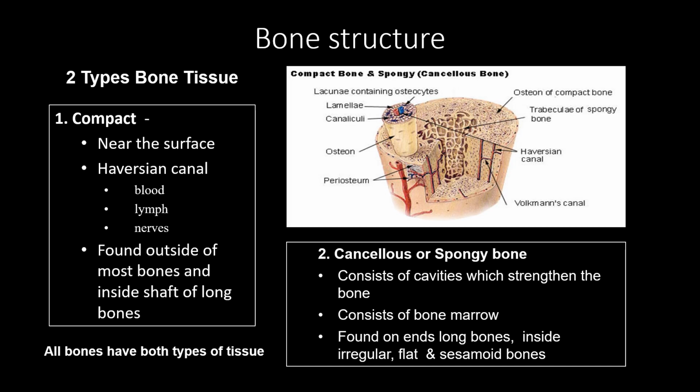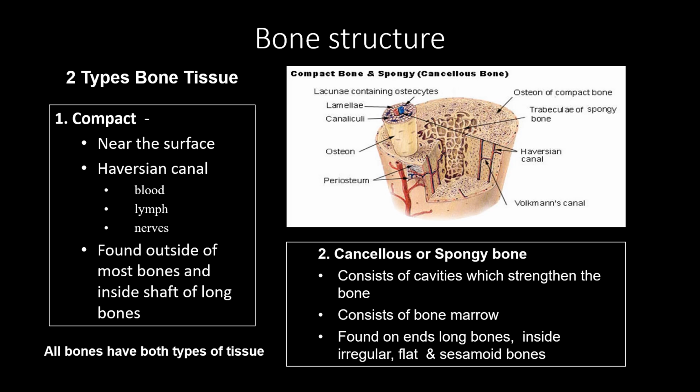It's a bit like bubble wrap. It gives a lot of strength to the plastic that we wrap things in when we're moving house. And it is those holes that give tensile strength. So the cancellous or spongy tissue is adding strength to the bone. And it's in this type of bone that we find bone marrow.